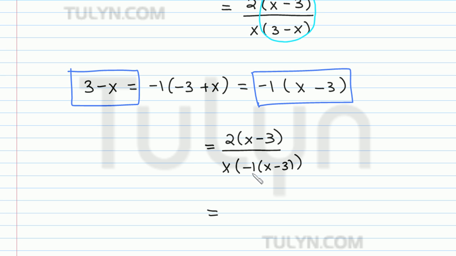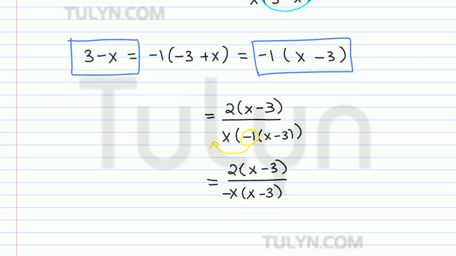So let's simplify. Let's take that negative 1 out. So this becomes 2 times x minus 3 over negative x times x minus 3. I just moved that negative 1 from over here to up here, which doesn't change anything, right? Because multiplication is commutative.